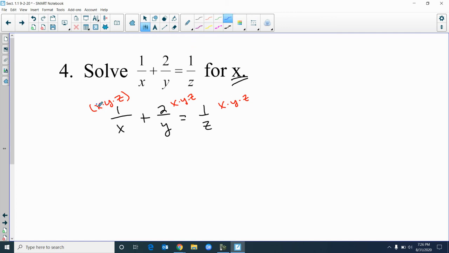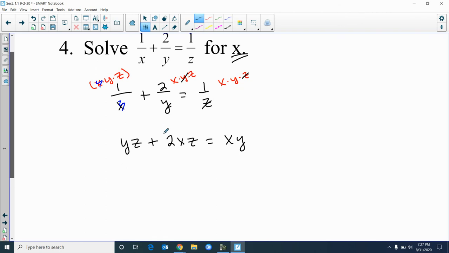So what happens there? The x's cancel. You are just left with y times z times 1. So there's yz plus. Here the y's cancel. You're left with 2 times xz equals, the z's cancel, and I'm left with xy. So I create another scenario where I'm solving for x.